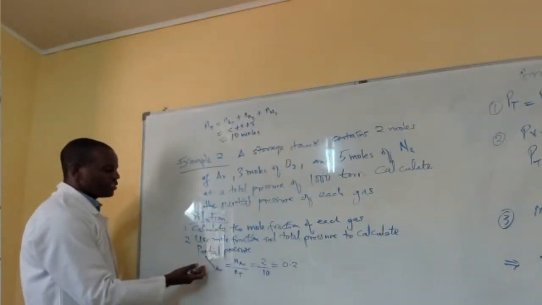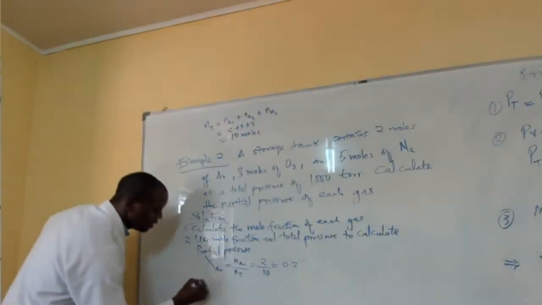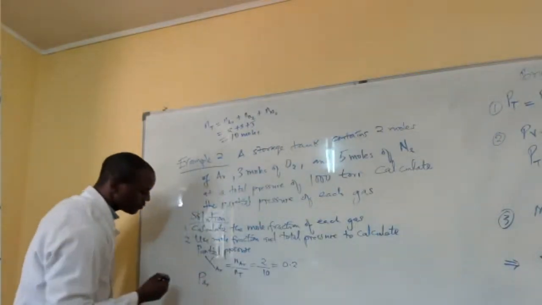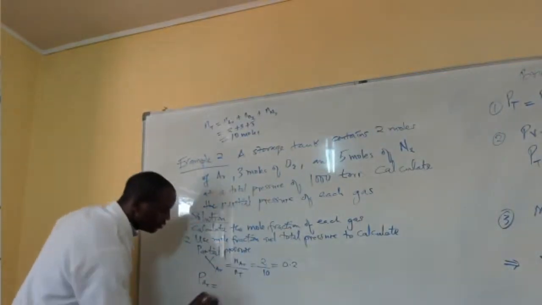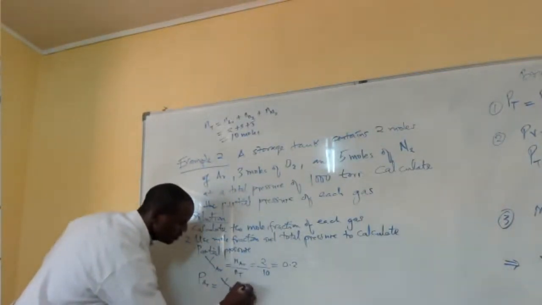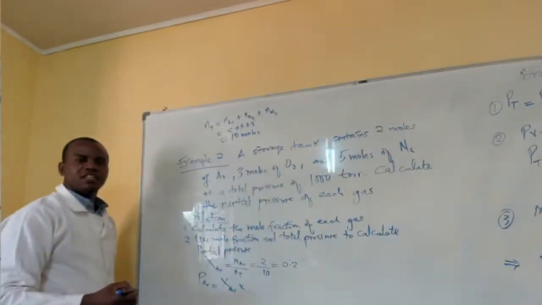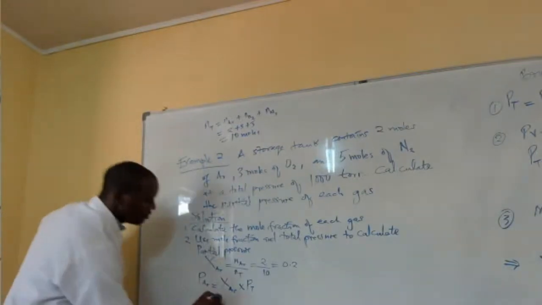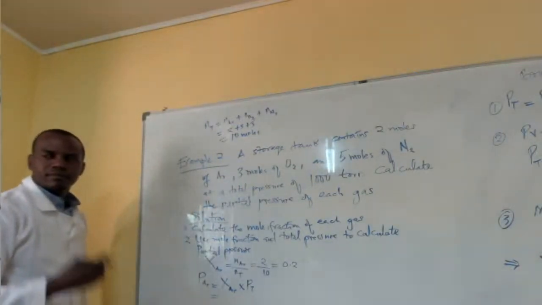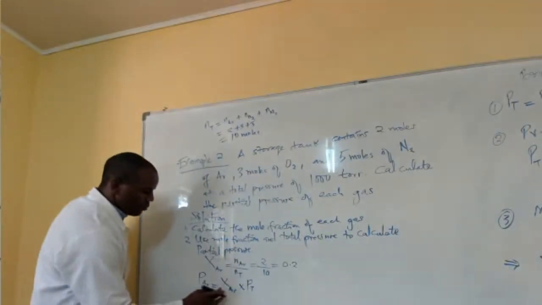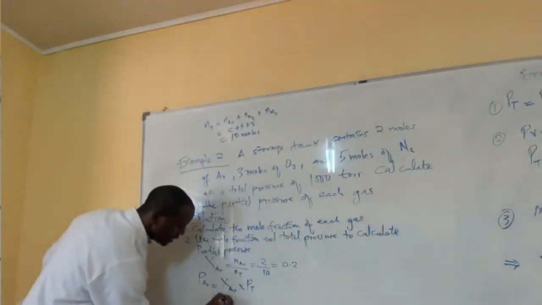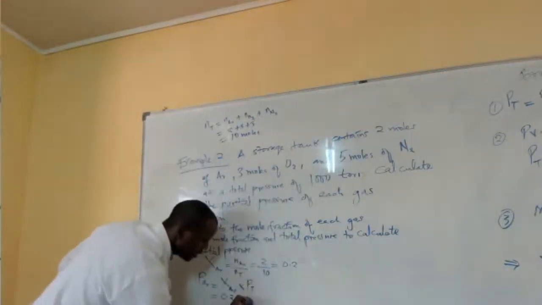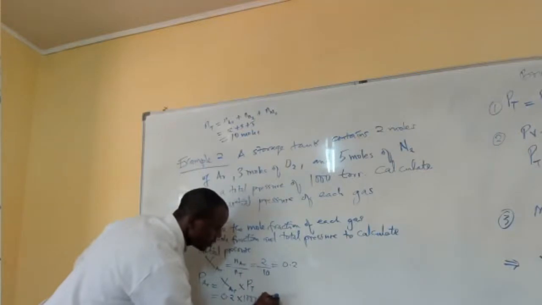Now to get the partial pressure of argon, which is P argon, this will be equal to the mole fraction of argon times the total pressure in the container, which is P total. So that will actually mean that the mole fraction of argon is 0.2 times the total pressure in the container is 1,000 torrs.